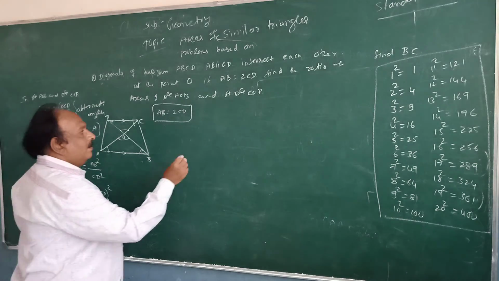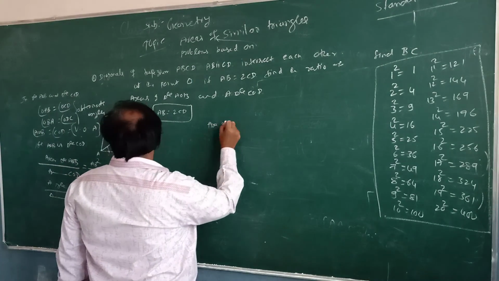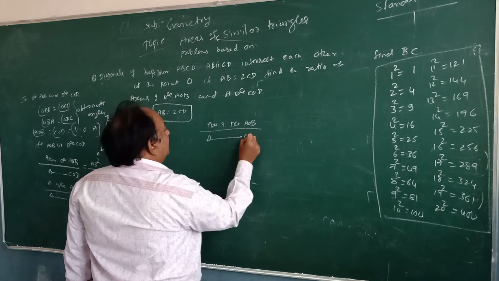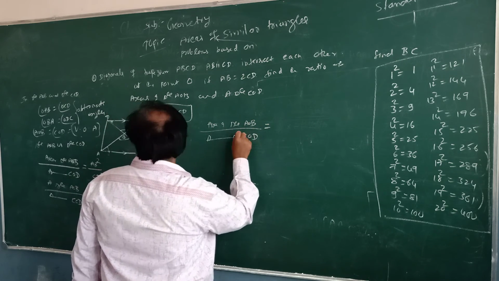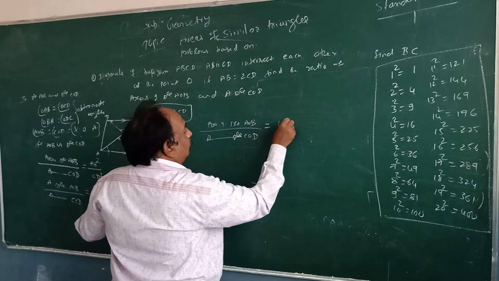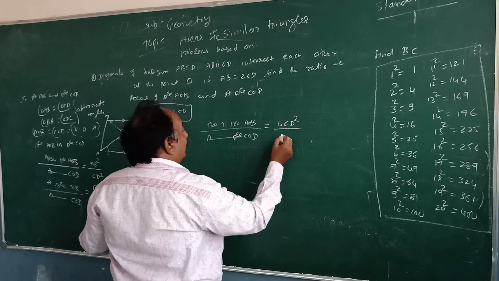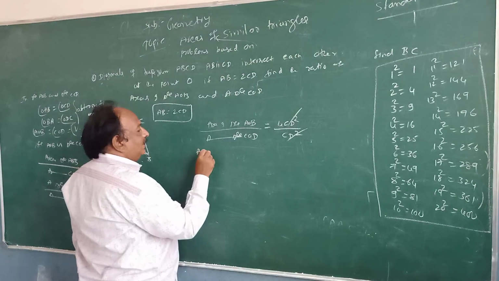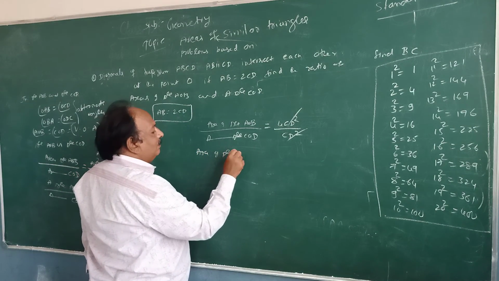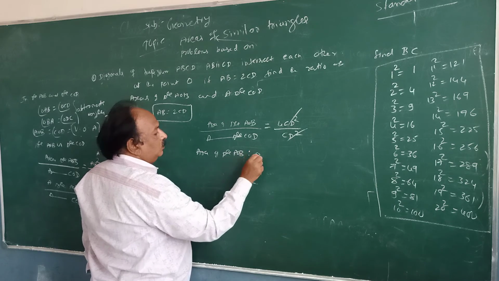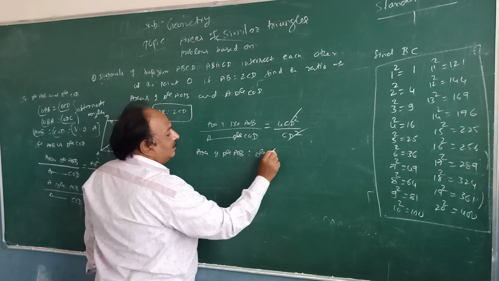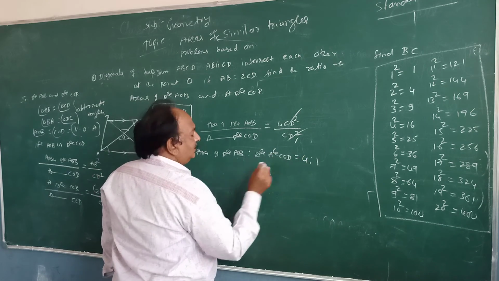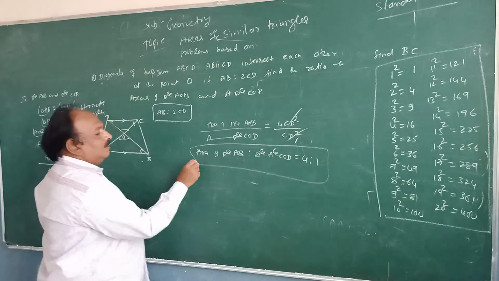Now, 2 twos are 4CD square divided by CD square. CD square cancels. Area of triangle AOB is to area of triangle COD is equal to 4:1. This is the answer.